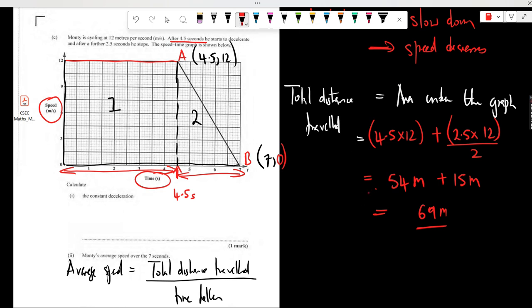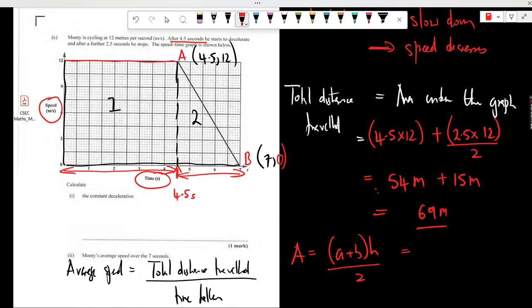Now, we could have also calculated the area using the trapezium formula. So using the area of the trapezium formula, the distance traveled, so the area A, would be equal to the sum of the parallel sides, let's call them a plus b, times the separation divided by 2.